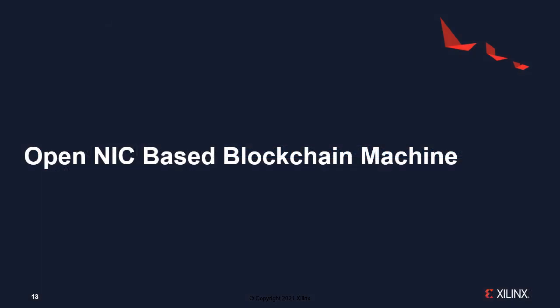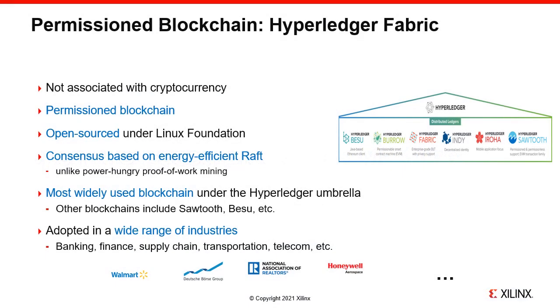The next one is a use case using OpenNIC. This work is to accelerate the permissioned blockchain. This is not associated with cryptocurrency and falls into the so-called permissioned blockchain.